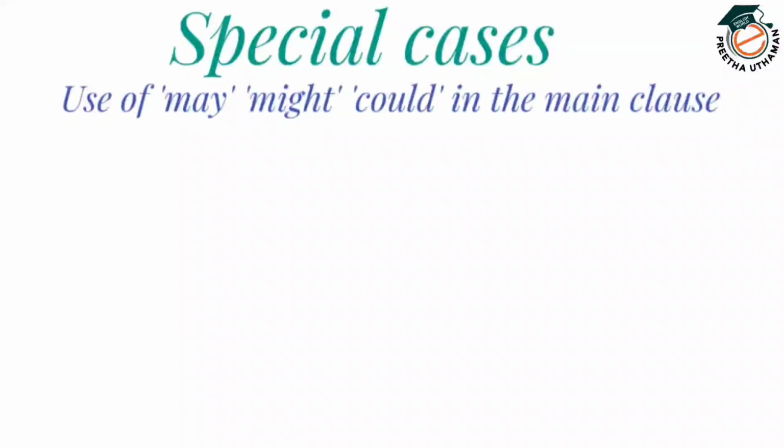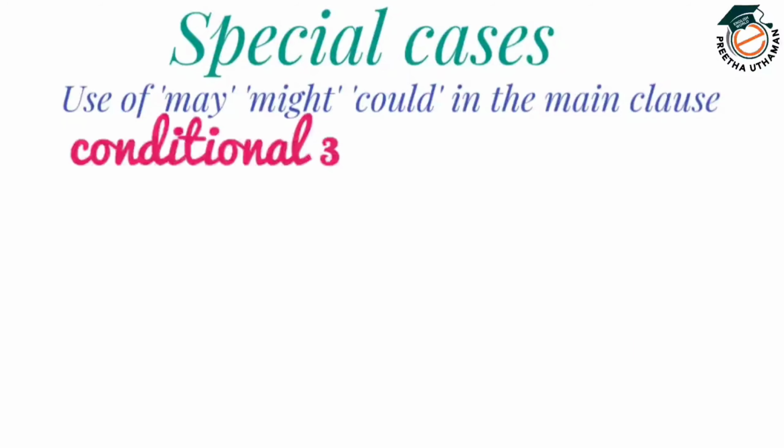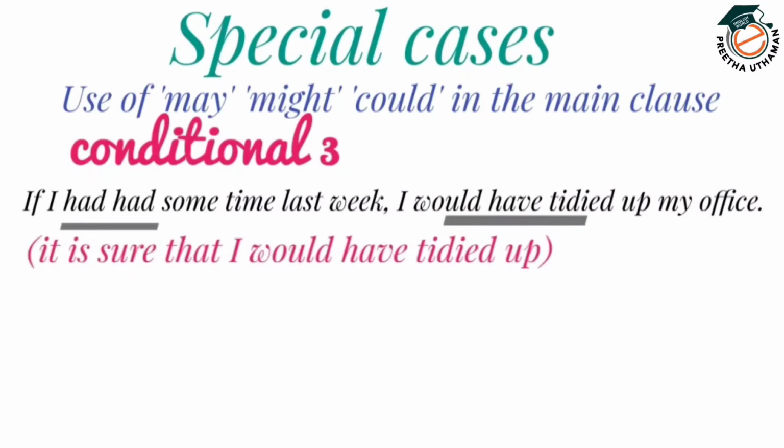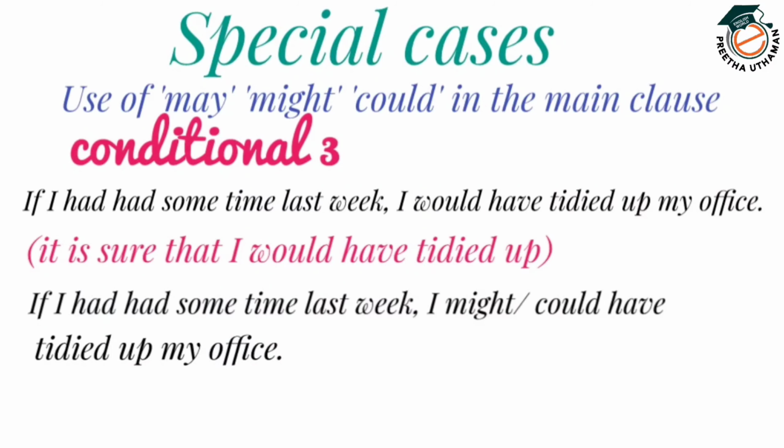A use of may, might, could in the main clause in conditional 3. If I had had some time last week, I would have tidied up my office. It is sure that I would have tidied up if I had had some time last week.